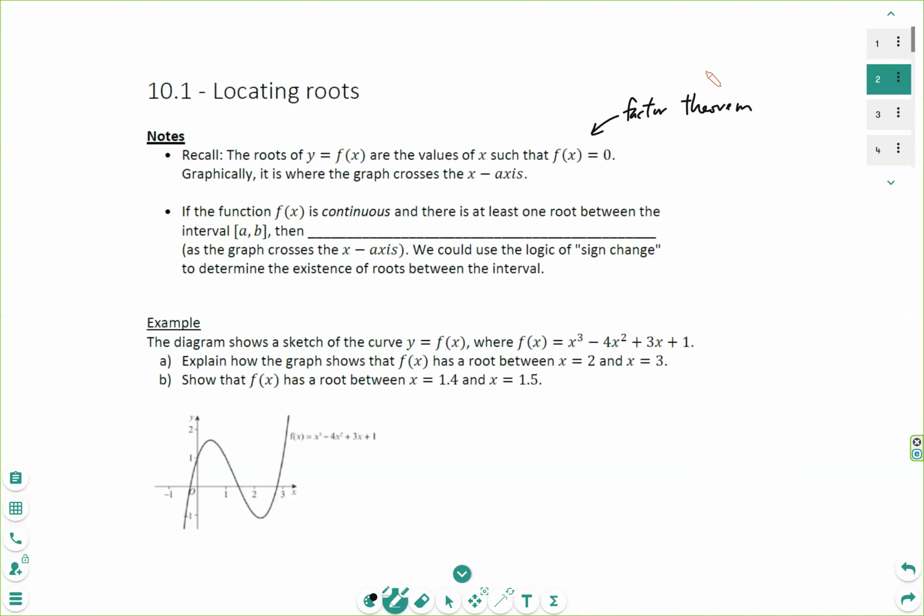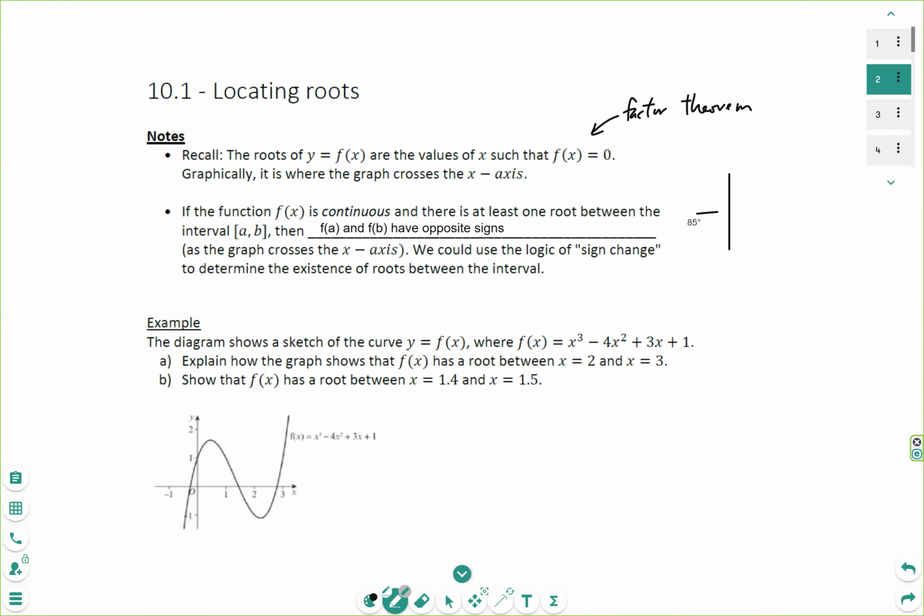If the function f of x is continuous and there is at least one root between the interval a and b, then f of a and f of b will have opposite signs. So we substitute a and b into the function, and they will have opposite signs as the graph crosses the x-axis.